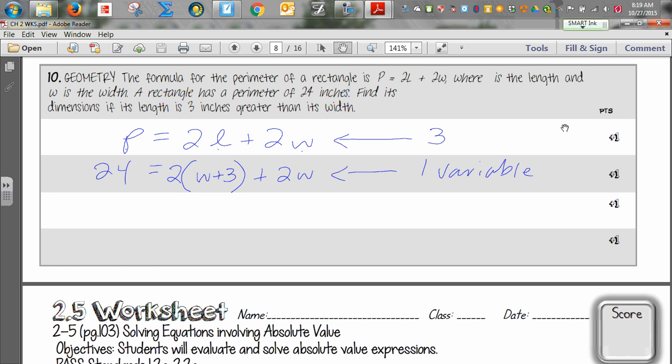Once I find the width, then I add what to it? Once I find W, then how do I find the length? By adding 3 to it. Because what does it tell me? That the length is 3 inches greater than the width. So I have to add 3 to it at the end, right? Once I find out what W is. Everybody got it? Okay.